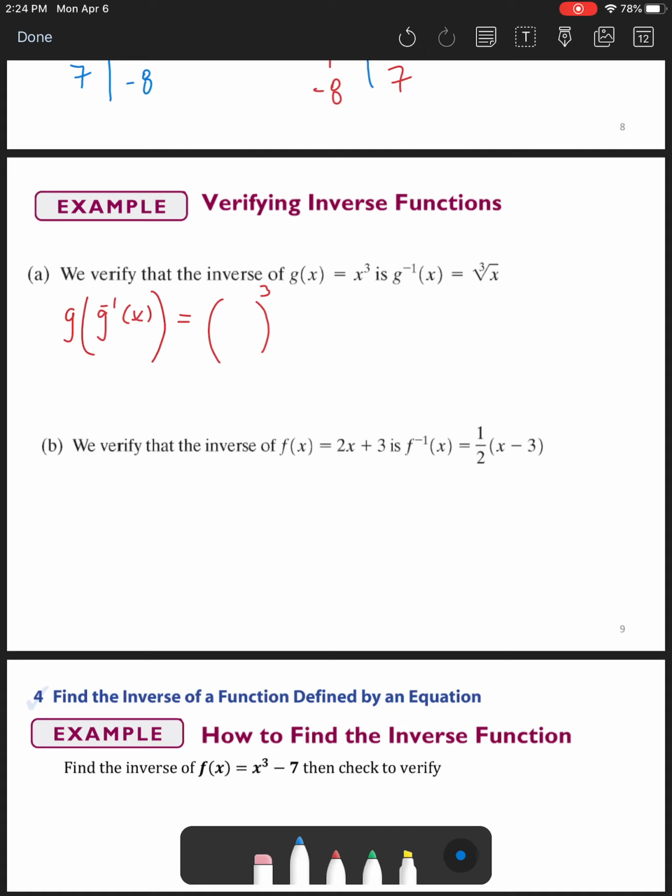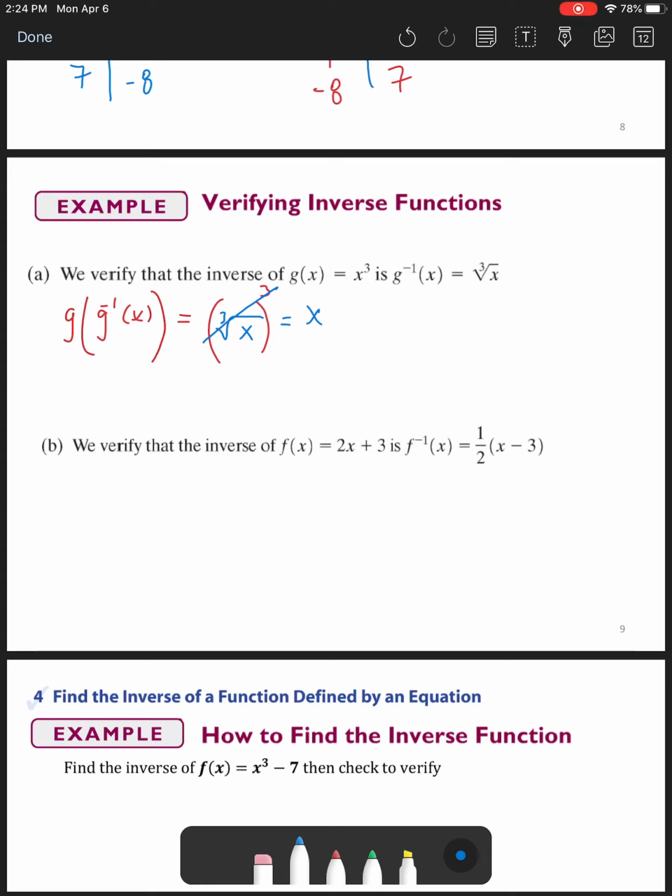And g inverse of x is cube root of x. Cube root and cube power, they undo each other and simply leave you with whatever is under the radical, x.